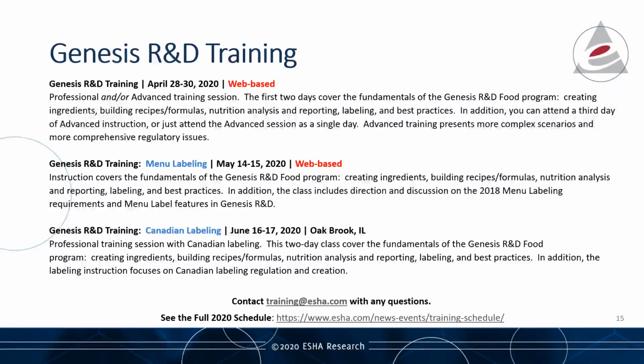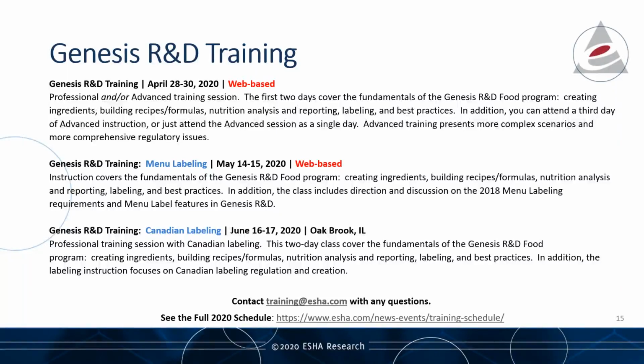The third day is more advanced level. It dives deeper into more in-depth scenarios and different settings and considerations in Genesis that you might want to work with. And again, that third day could be used as a single advanced day training if you're at that point and have that need for training.